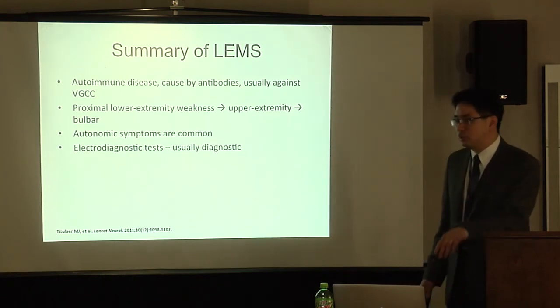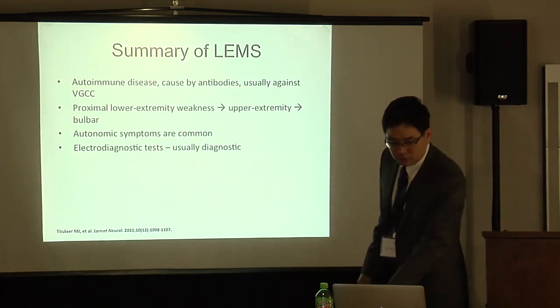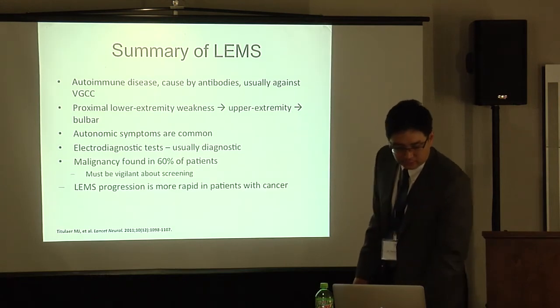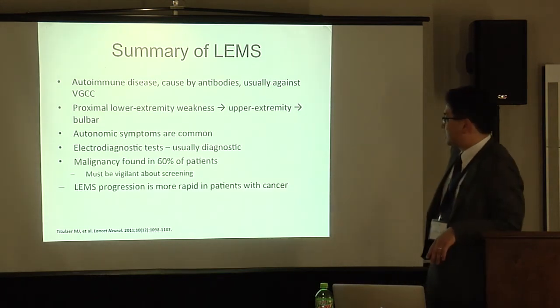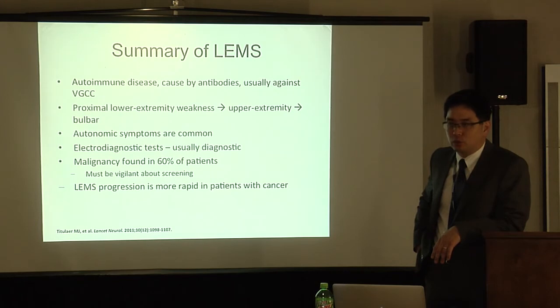Electrodiagnostic tests, the EMG and nerve conduction study, are usually the way we diagnose our patients. Malignancy is found in about 60% of patients, and we of course have to be very careful, if there is no cancer, to keep looking for cancer. And LEMS progression is a little bit more rapid in the patients who have cancer than in the ones who do not have any obvious cancer.